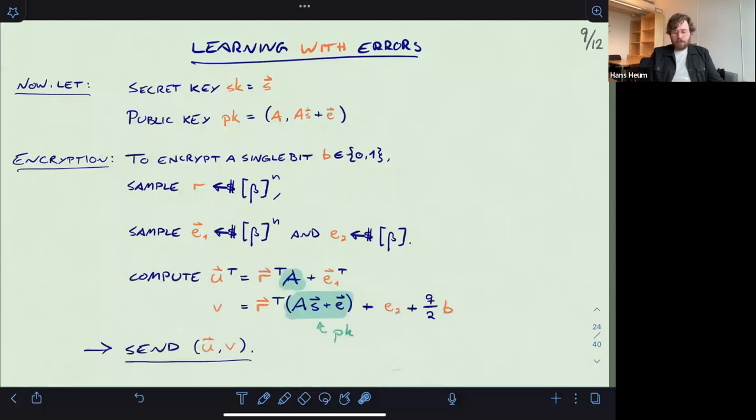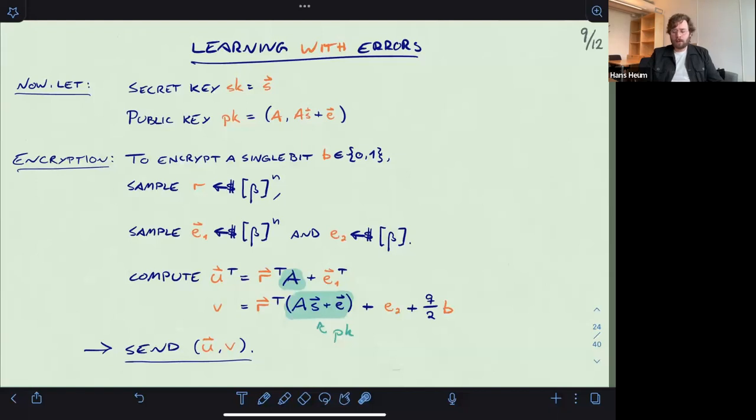Your encryption now is to compute R times A plus the first error vector that you sampled, and then the scalar value, which is R times essentially the public key, right? A times S plus E. And then you add the second error term, the scalar value that you sampled, and then a bit weirdly, you add the bit again, but now you multiply it by Q divided by 2.